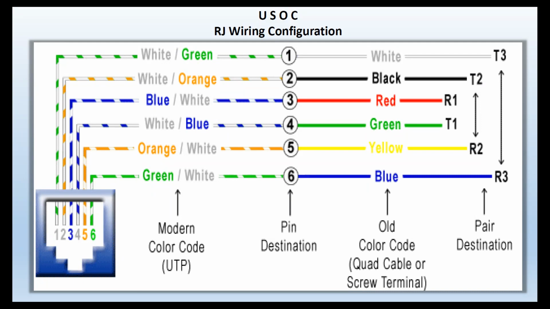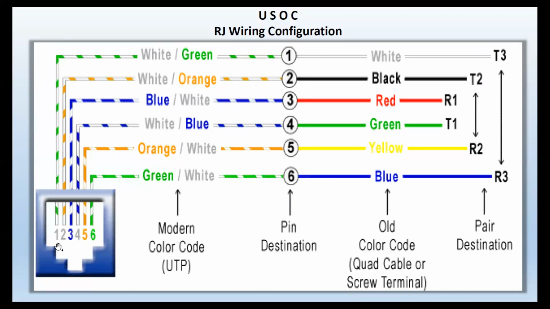How do we convert the old color code to the new color code? These are the first 1, 2, 3 pairs of the 25 pair color code. It says modern color code, unshielded twisted pair. We'll talk about that too. Here are the pin destinations. If you're looking at the wall, you see a jack.